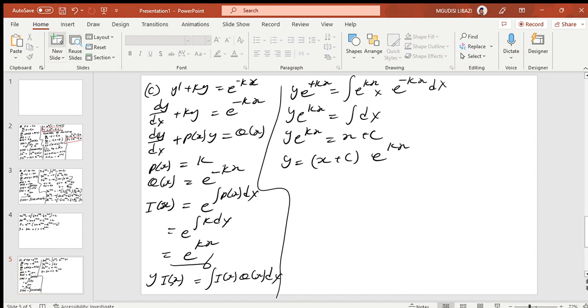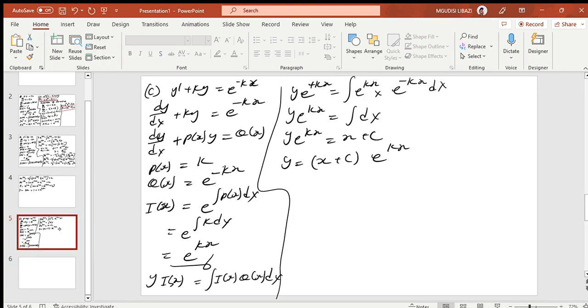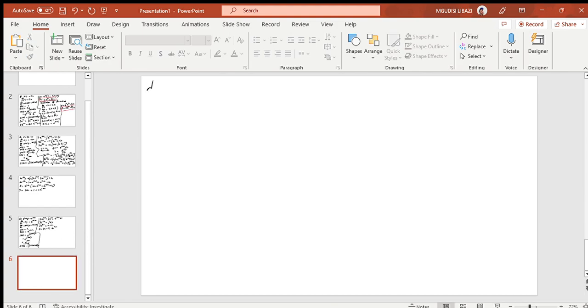And then the next one, number D. We have x multiplied by y prime, which is equal to 2y plus x raised to 3 multiplied by e raised to x.